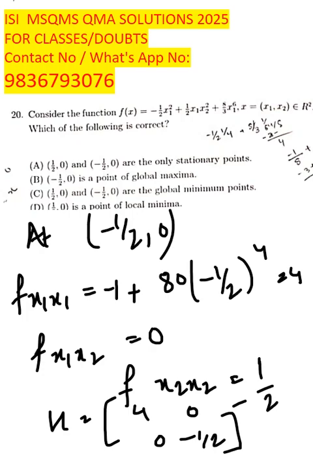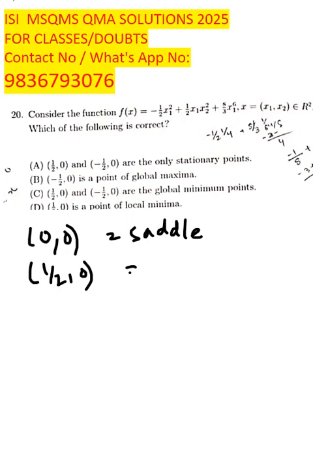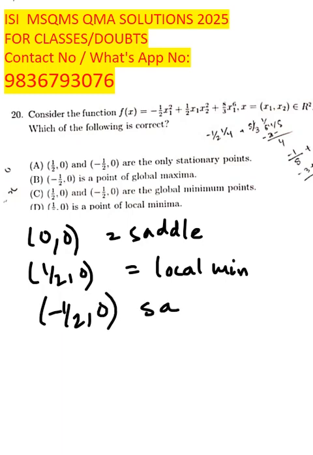So eigenvalues are 4 positive and -1/2 negative, so it is a saddle point at -1/2 comma 0. So the nature of the points: 0, 0 is a saddle or degenerate point, 1/2 comma 0 is a local minimum, and -1/2 comma 0 is a saddle point, not a maximum.